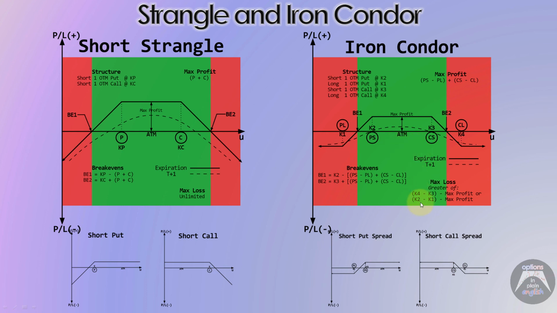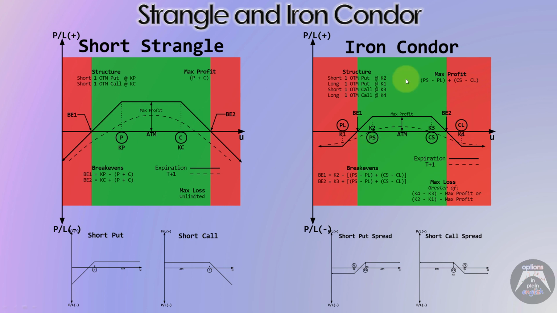The max loss is going to be, because here visually we're assuming that both the call spread and the put spread are the same width, but it doesn't necessarily have to be the case. In fact, if we start using deltas as a determinant of where the options are going to be, then probably those spreads are not going to be the same width.